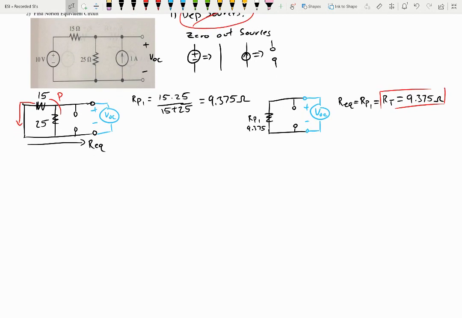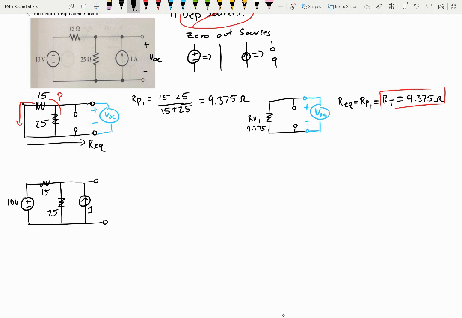Okay. So let's go ahead and redraw this circuit. Plus minus 10 volts. Here, this will be 25 ohms. Start 15.